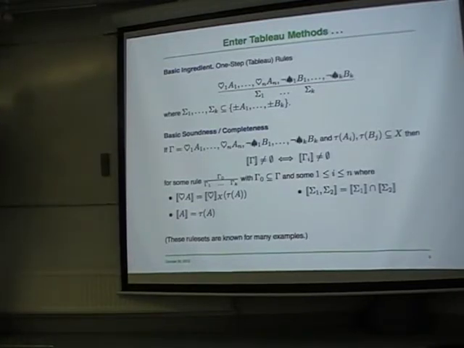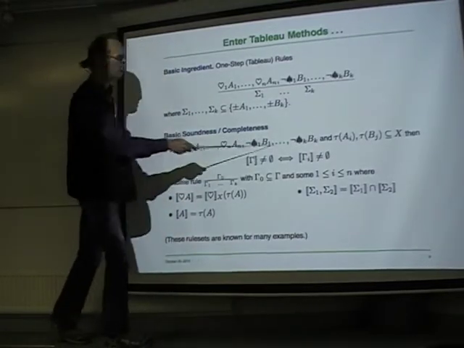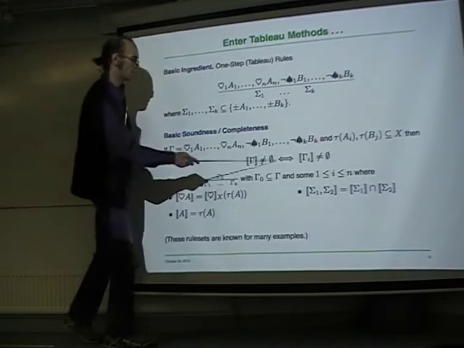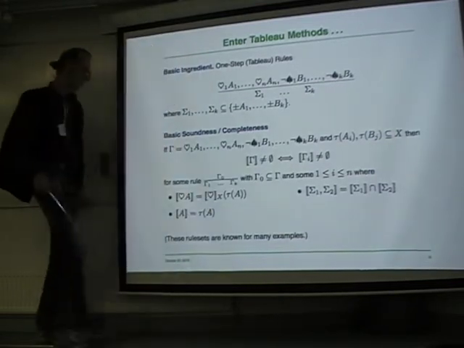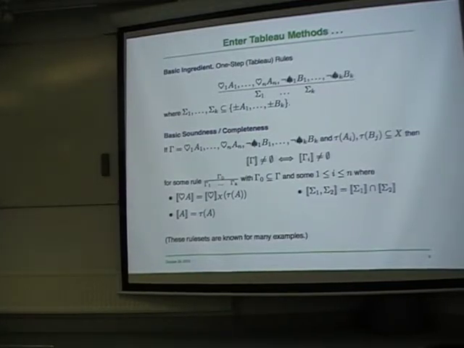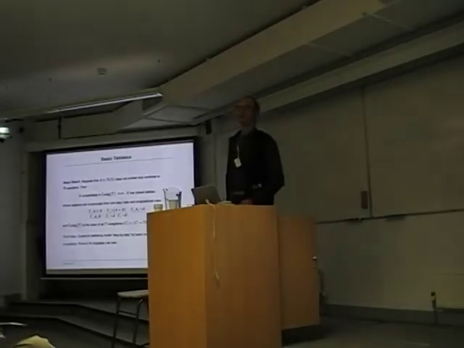So I always need to find a rule with that property, which essentially mediates between sets of successors, which is the interpretation of gamma, and sets of states. And we know these rule sets for a large number of examples.